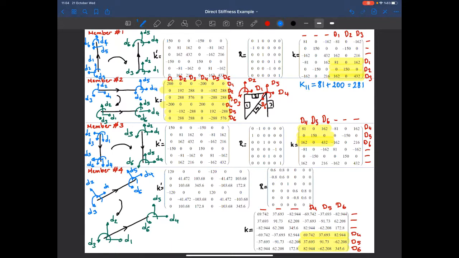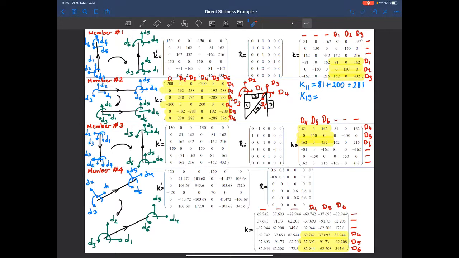Let's calculate D3 now. Sorry, K13. So let's say that I have a unit translation in the first degree of freedom, and I want to keep the rotation in the third degree of freedom equal to 0. How much force do I need for that?